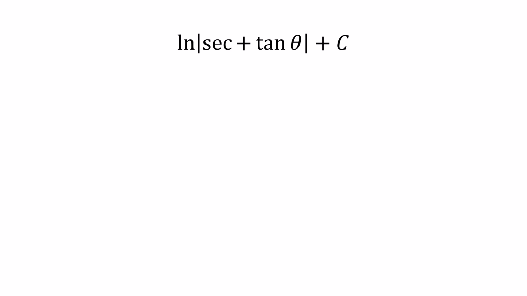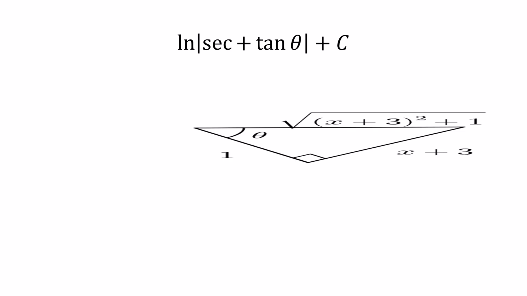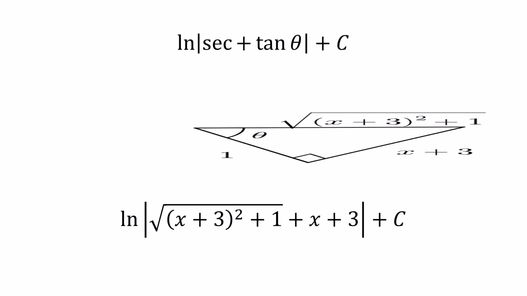Next, we draw the triangle for our substitution. Using the triangle to rewrite everything in terms of x then gives ln absolute value of root (x plus 3) squared plus 1, plus (x plus 3), plus c.